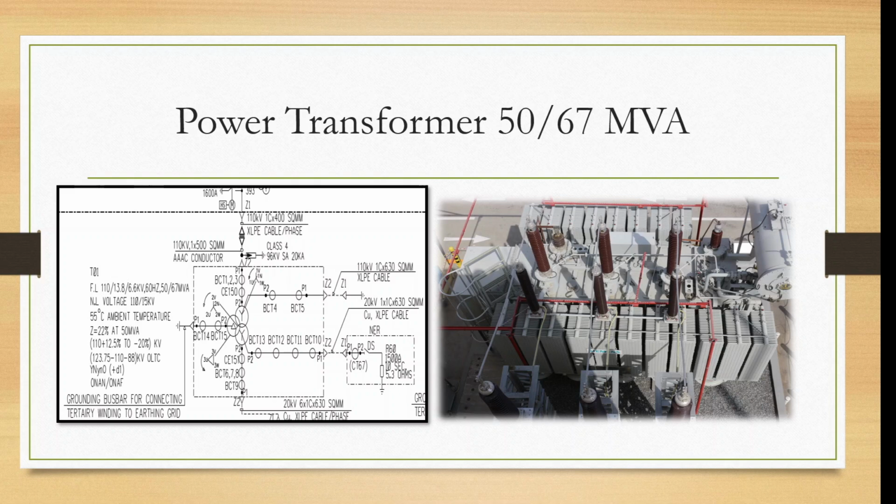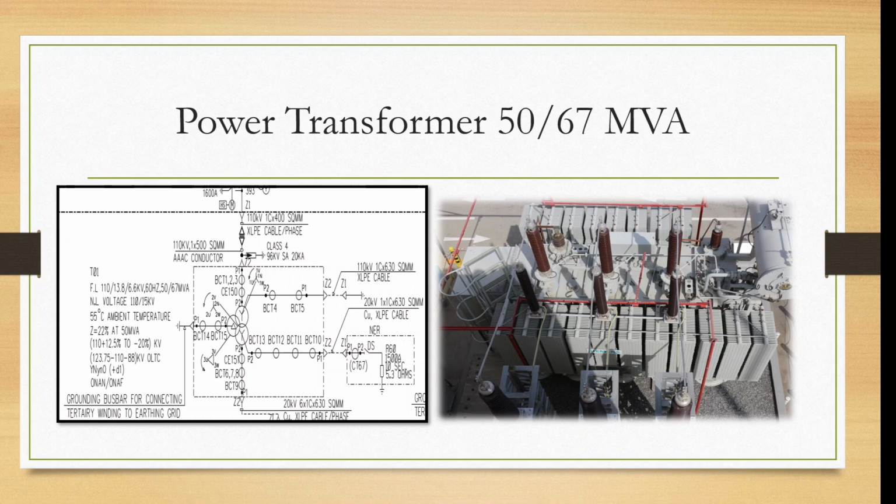Then comes the concept of the tap changer. The tap changer is to regulate the voltage when there are more than one transformers and they have to run in parallel. Their voltage regulations should be the same. The output voltage of both transformers should be the same.